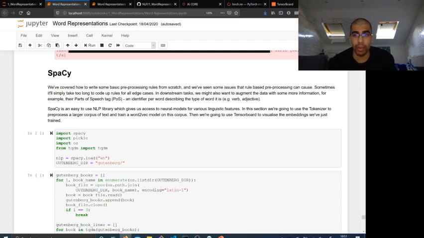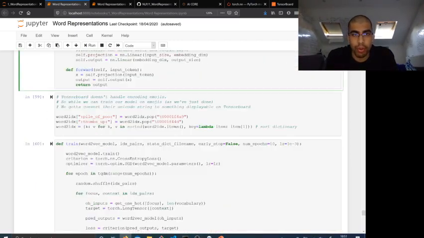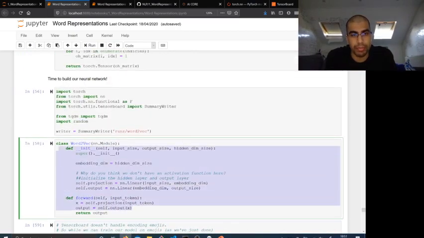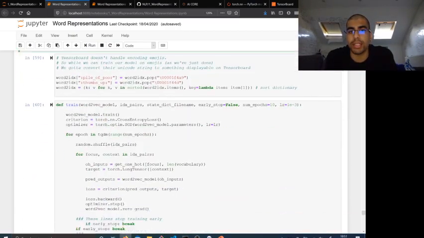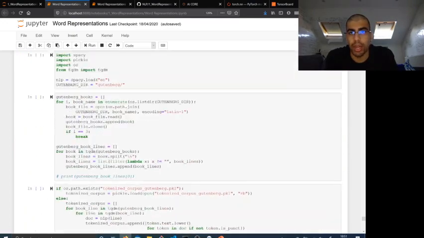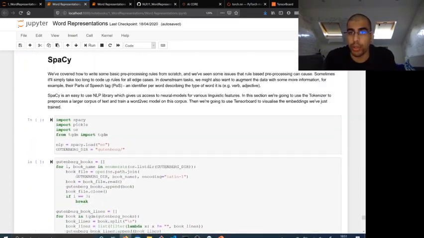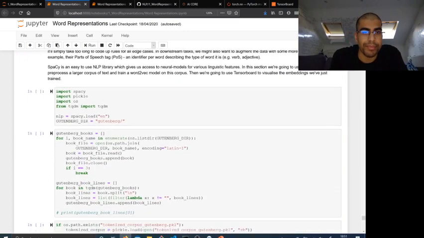In this section, we're going to use the tokenizer to pre-process a much larger corpus of text, and then train a Word2Vec model on this corpus. And then I'm going to show TensorBoard again and show that this very same model that we just coded up does actually work, and we can show the similarities and analogies working in there.